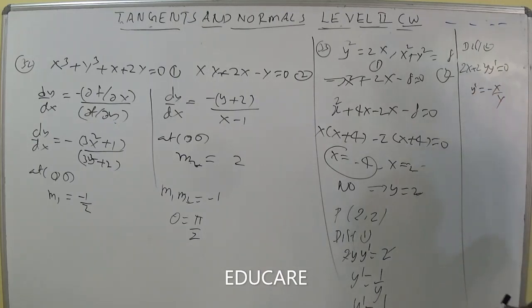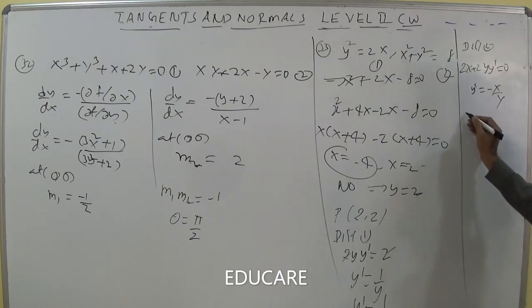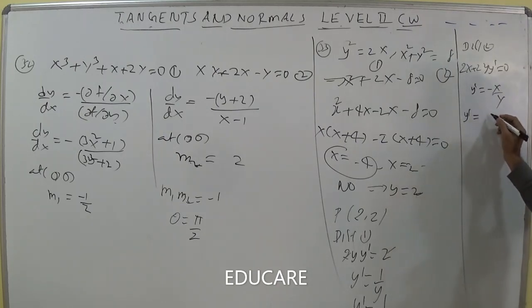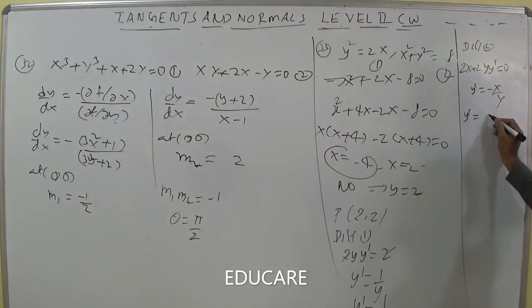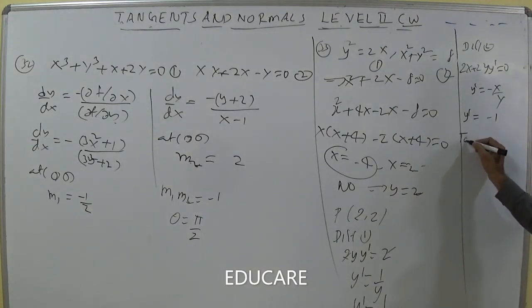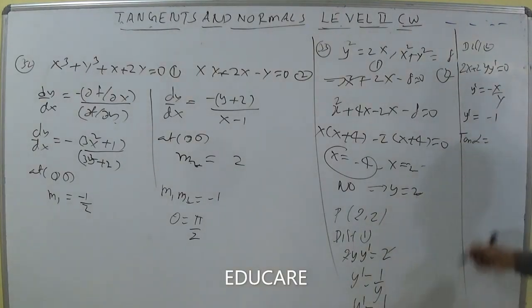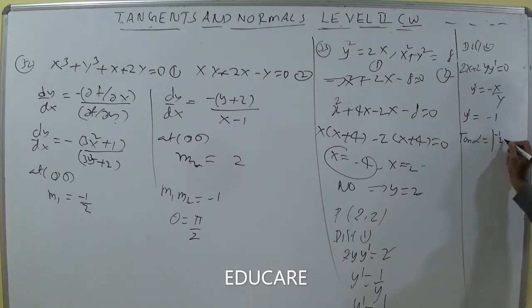At the given point (2, 2), y dash is equal to minus 2 by 2, which becomes minus 1. Now tan alpha is equal to m1 minus m2 by 1 plus m1 m2. Substituting, 1 by 2 plus 1 by 1 plus m1 m2, that is 1 plus 1 by 2.